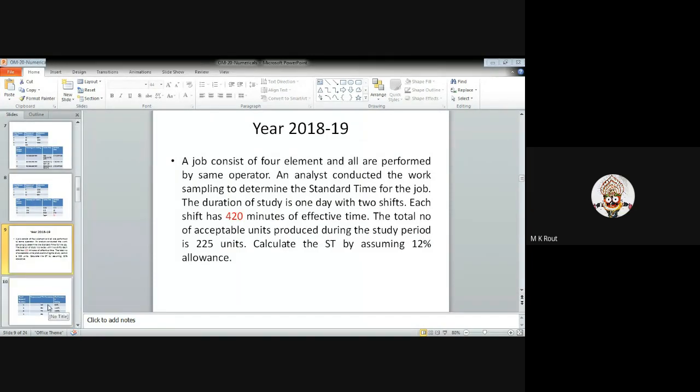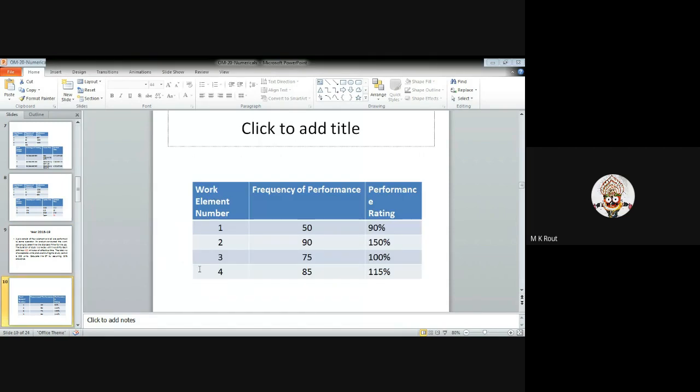First you have to go to the data tables. Here it is already given. The work element numbers are 1 to 4, and the frequency of performance is given as 50, 19, 75, and 85. As far as the different steps in work measurement are concerned, you can directly switch to step number 5 for calculating the percentage of work.